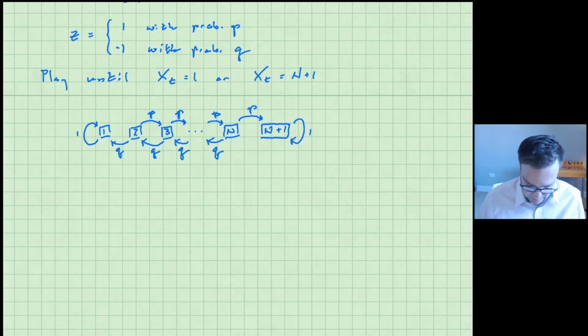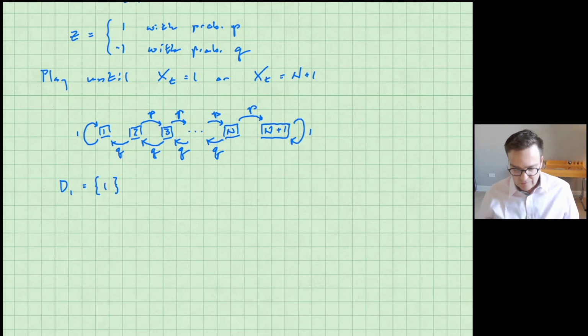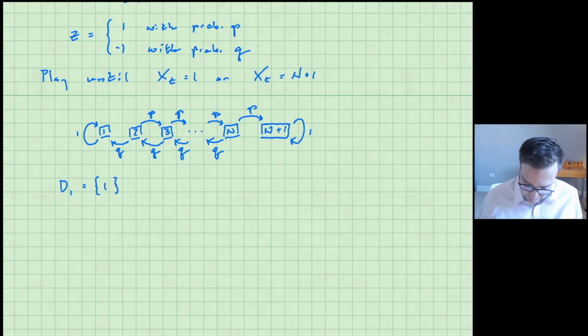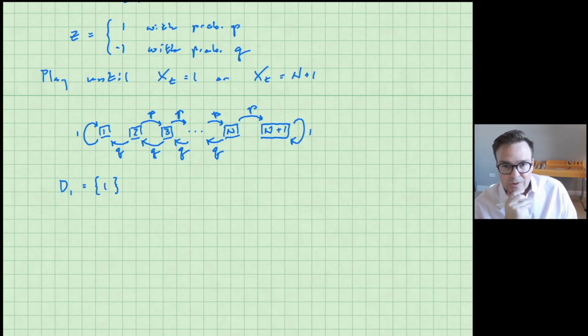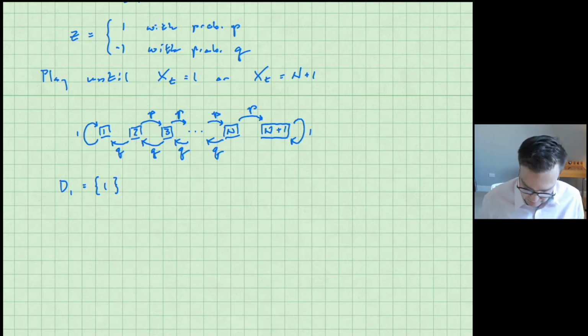And the communicating classes for this, there are 3 of them. The first one is just state 1. It communicates with itself. That's it. I don't think we've written down the communicating classes for this. So everything in between, 2, 3, and so on, those all communicate with each other.